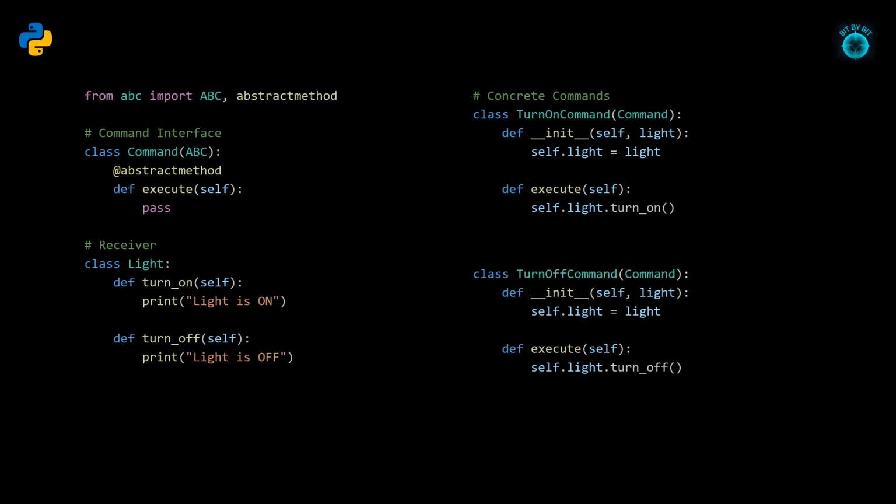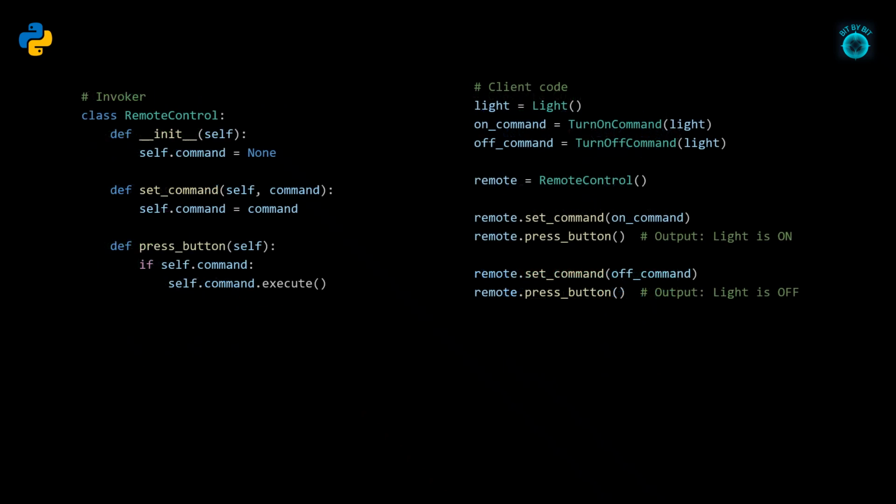Now comes the invoker, called RemoteControl. It stores a command and has a method called press_button, which simply calls the command's execute method. Finally, in the client code, we create a Light instance, wrap it with two command objects, one for turning it on and one for turning it off, and assign them to the remote control one at a time.